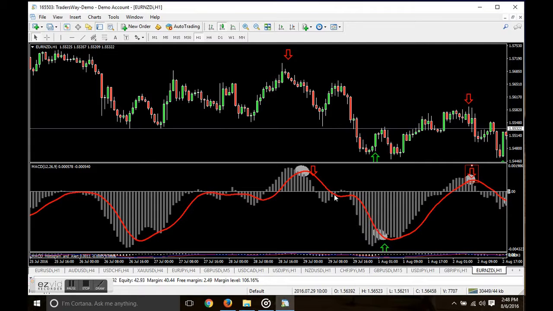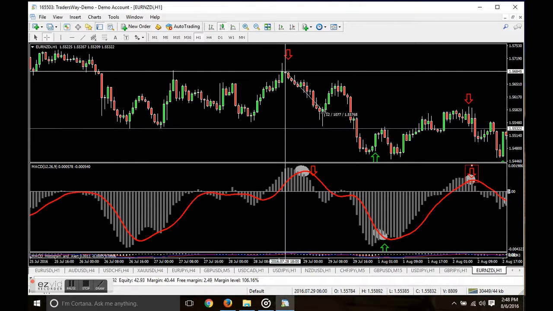But if you're a more aggressive trader, you would have got it on that full move to the downside there as the histogram flipped through the zero line. And a significant amount of pips you would have got there.